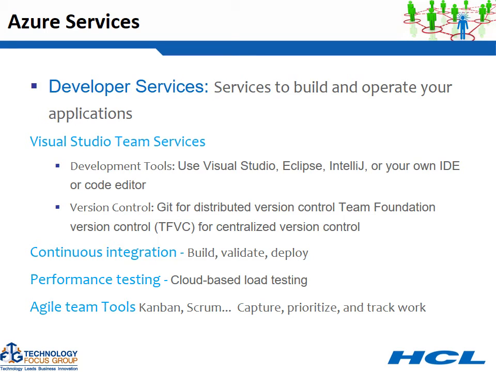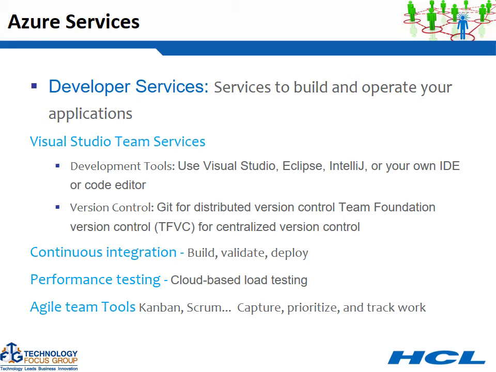Then we have version control software, like Git for distributed version control and Team Foundation version control for centralized version control. Other than that, Azure also provides services for continuous integration. So whenever developers check in their code, they can automatically configure it to build the application, validate, and then deploy the application.